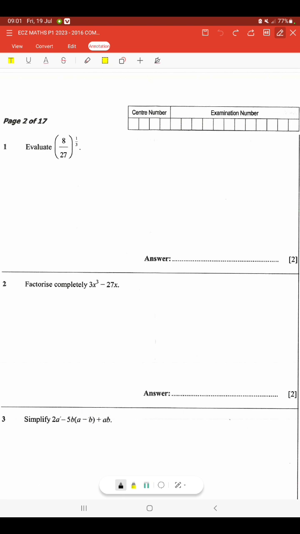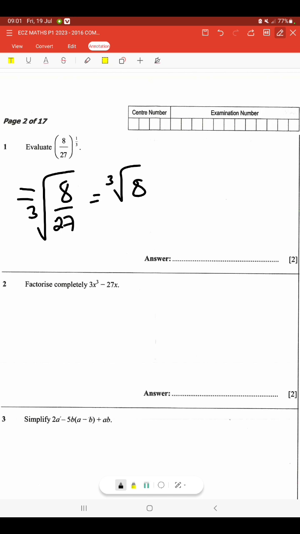So I'm going to write this one as the 8 over 27. Now this is going to be under a cube root. And this in turn means that this is the cube root of 8 over the cube root of 27, like that.